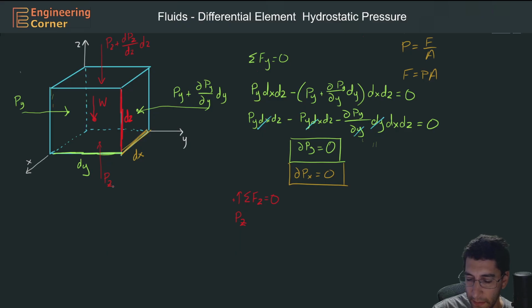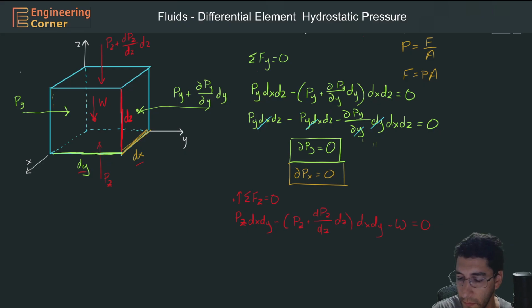So p_z times dy dx, and then I'll have minus p_z plus dp_z over dz times dz, and that's over dx dy. And I also have a minus w, and that's equal to 0.